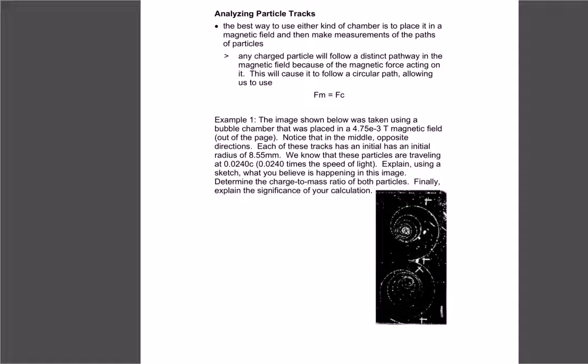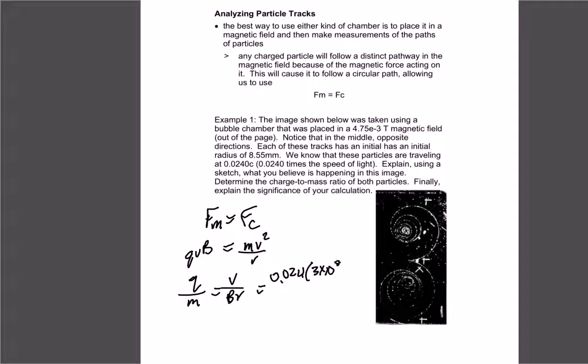So we have Fm equals Fc. If we look at this first example, we know our magnetic force is qvB, and our circular force is mv squared over r. We can figure out the charge to mass ratio, which is q over m equals v over Br. For this question, they give us the velocity of the particles, moving at 0.2024 times 3 times 10 to the 8th.